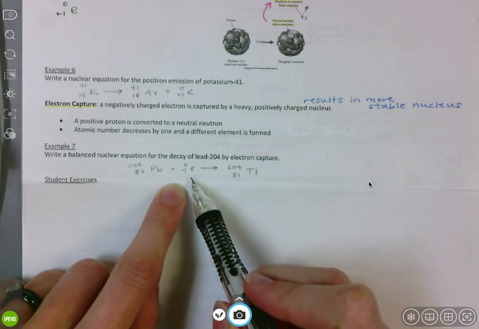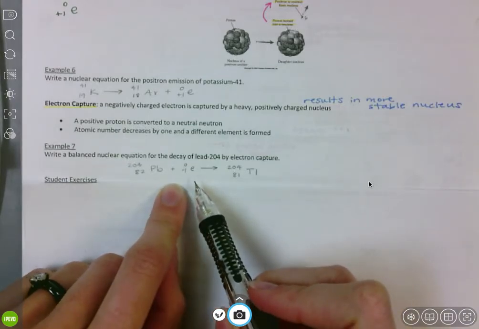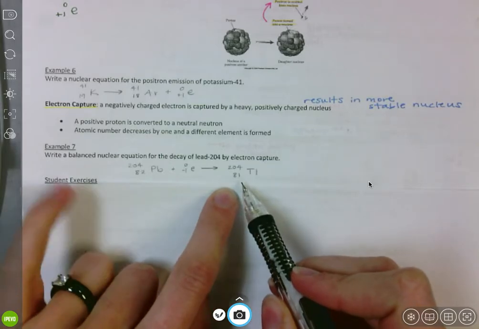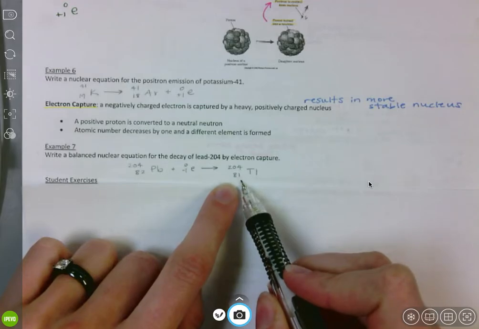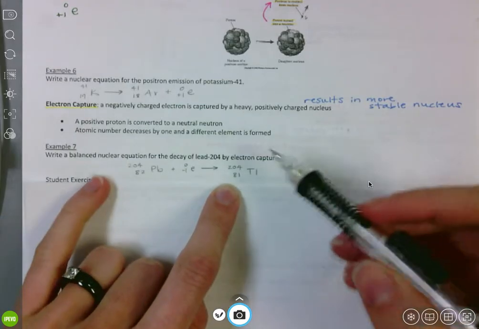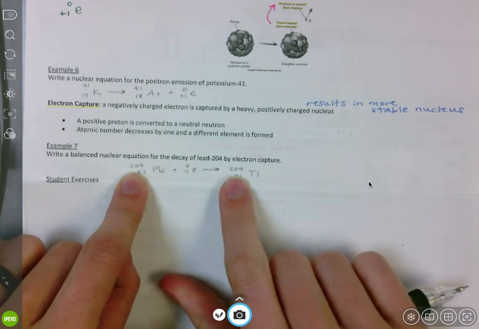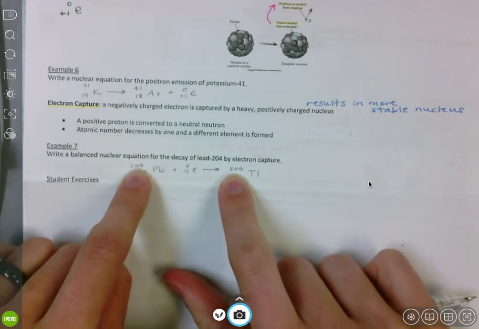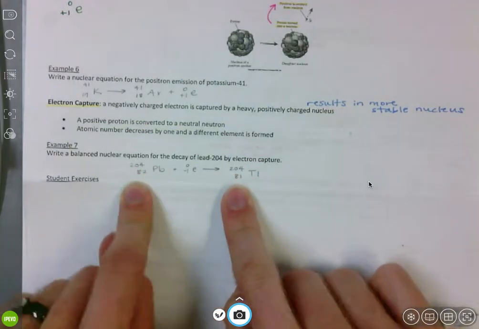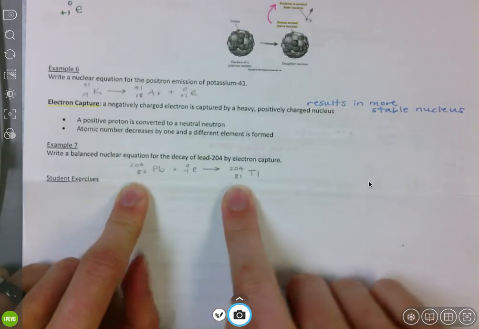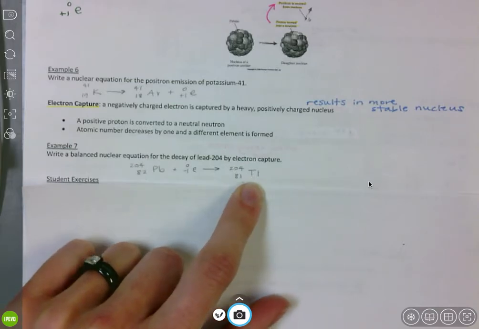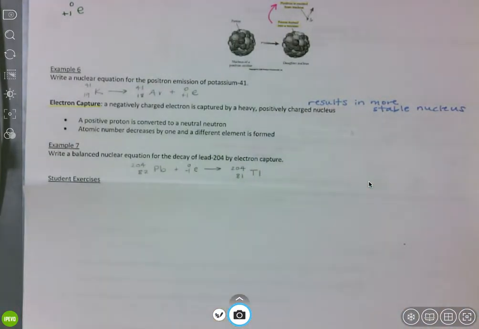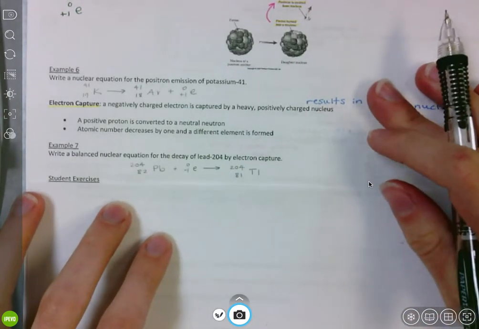We are bringing in an electron, which means that we are turning a proton into a neutron. So we are going down 1 in atomic number, we're losing a proton. Still basically the same mass because electrons have very small mass. And then we're going down in atomic number. So element number 81 is Tl. So that is what we are decaying into via electron capture with lead-204.